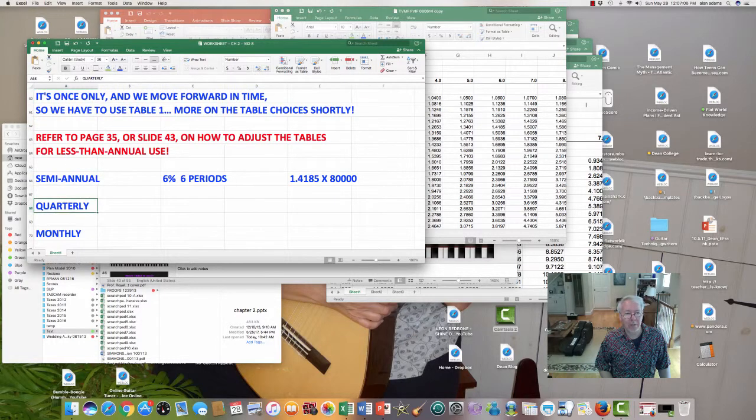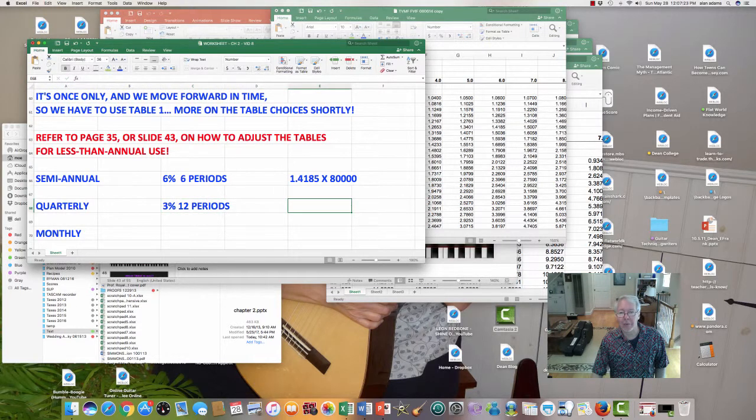Quarterly. If I'm dealing with 12% for 3 years, I'm going to take the interest rate and divide by 4. That's going to give me 3%. And 3 years times 4 quarters per year is going to be 12 periods.